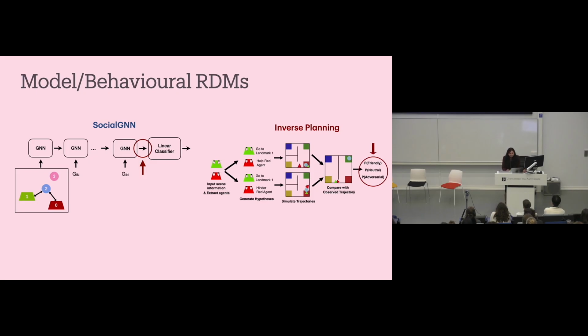I want to highlight that these inverse planning models are not typically compared with neural representations, and that's one of the novel contributions of our work here. We also explored some alternative representations for these models, and I'm happy to answer questions about that. Okay. We also compared with the human social ratings RDM and a motion energy model as a low-level visual control.